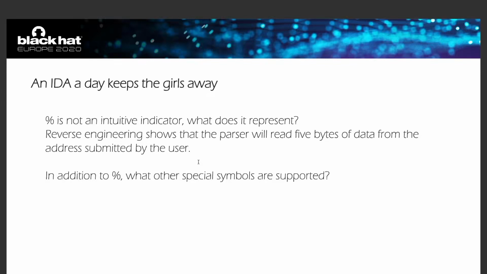For example, will it introduce compatibility issues? And what is the meaning of the percentage character? And are there other new characters introduced? I had no idea at the time. After reverse engineering, I found that the percentage means that the pack and unpack routine needs to read 5 bytes of data from the input address.